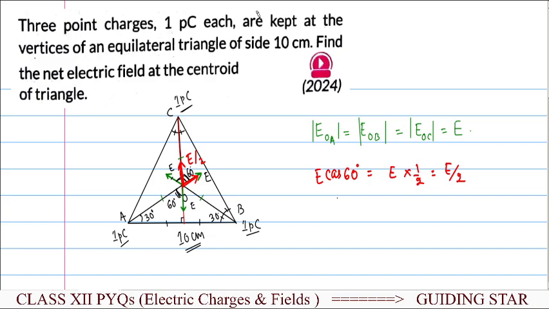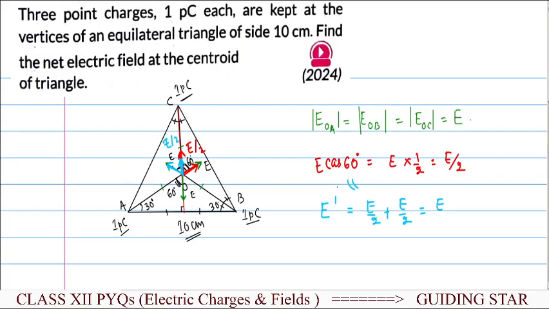So E by 2 and E by 2 vertically upward, so the net electric field in the vertically upward direction will be E by 2 plus E by 2, which equals E. Clear?